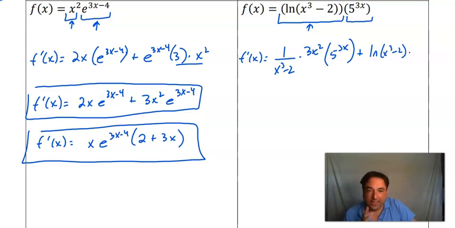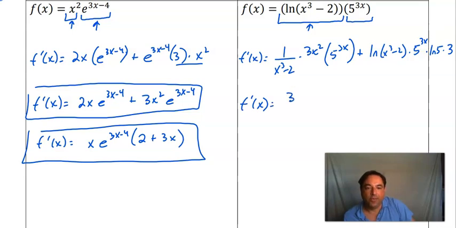Now remember, how do you take the derivative of a number raised to a variable? Rewrite it, 5 raised to the 3x times ln of the base, which is 5, times the derivative of the exponent. Derivative of 3x is 3. Now this I'd probably just rewrite to make it look a little bit nicer.